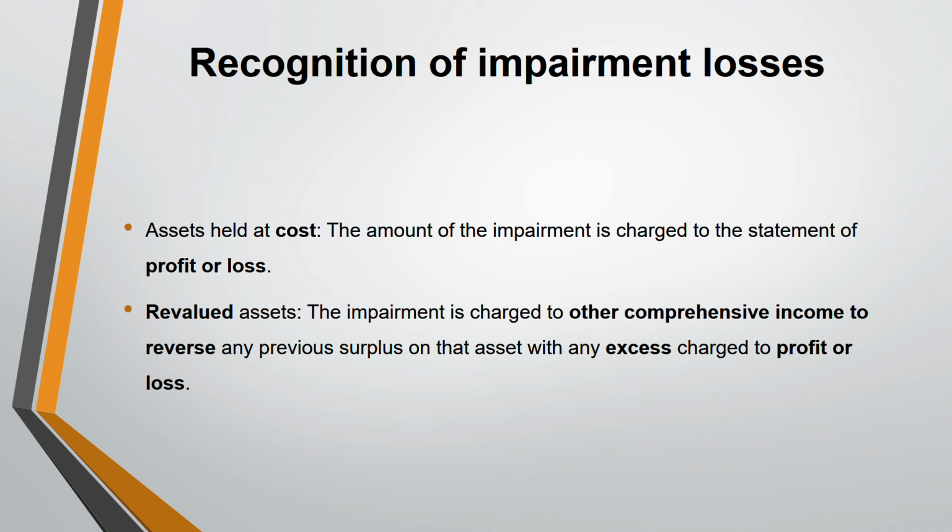Sorry, I'm sorry, let me correct that. The impairment loss is 5 million and the revaluation gain is 2 million. So out of the 5 million impairment loss, 2 million will go to other comprehensive income. That means now there will be no gain remaining in your revaluation surplus in other comprehensive income; it will be zero now. So out of 5 million, 2 million went under other comprehensive income because there was a gain, and the remaining 3 million will be taken to the profit and loss account. You're understanding the scenario now, the impairment loss.